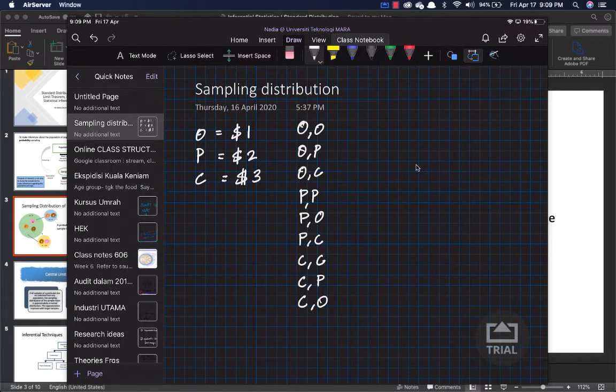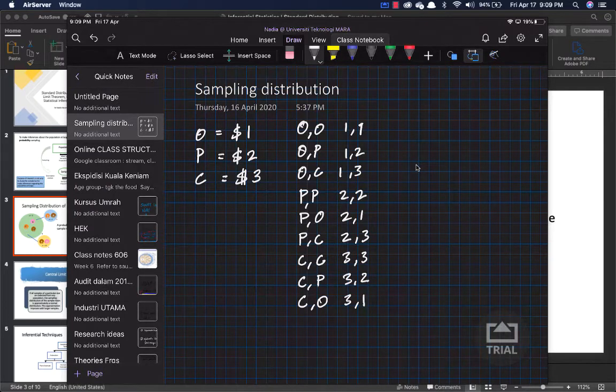Okay, so we know orange is $1. So the pairs are $1 and $1, $1 and $2, $1 and $3. Then the pink is $2 and $2, $2 and $1, $2 and $3. Then we have 3 and 3, 3 and 2, and 3 and 1. Then you have to calculate the sum.